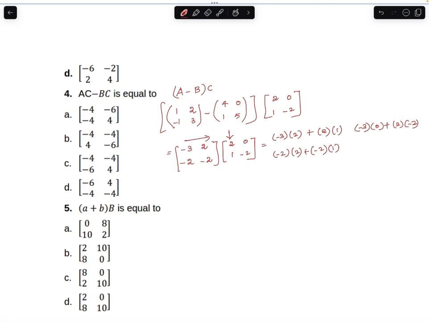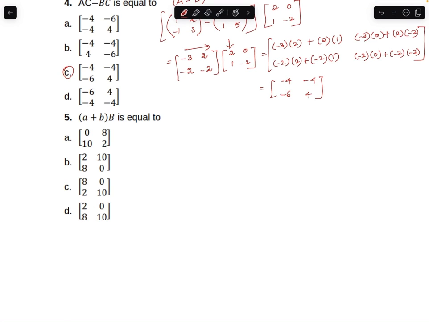Second row and the second column, minus 2 times 0 plus -2 times -2, which gives us -4 and 4. The answer is C.